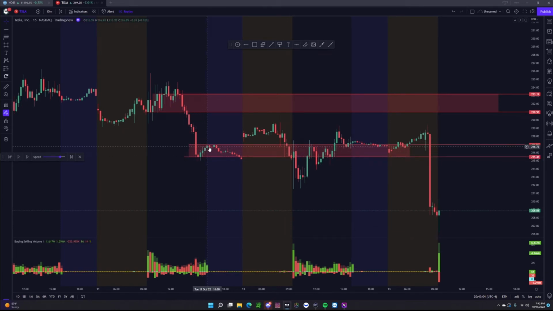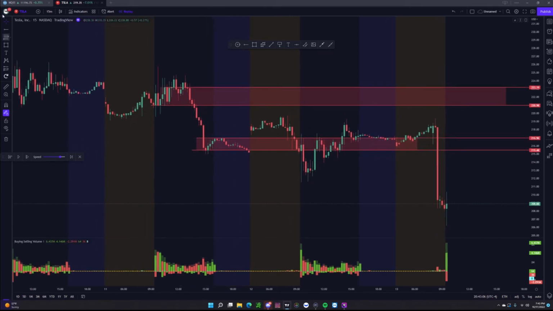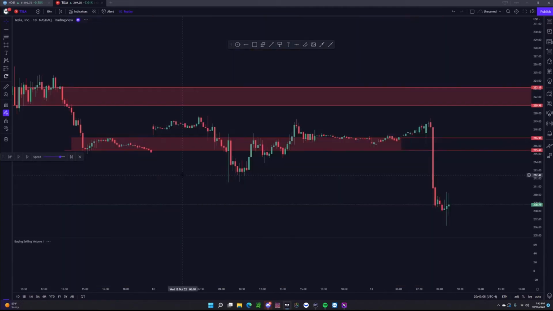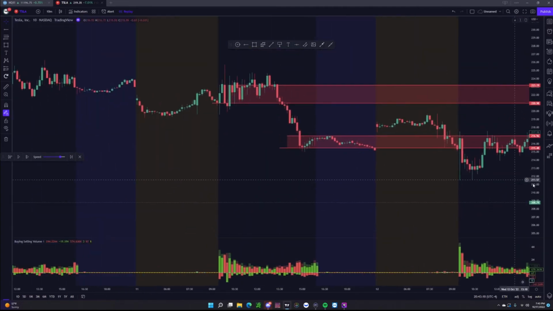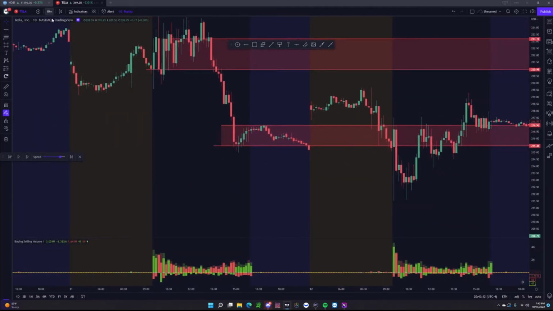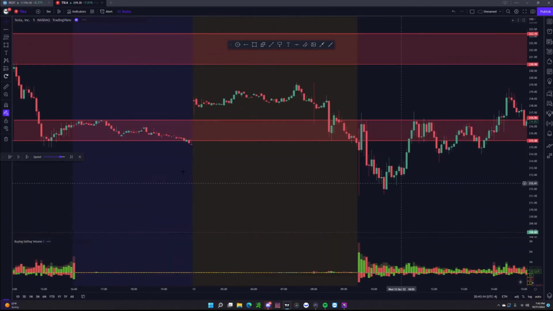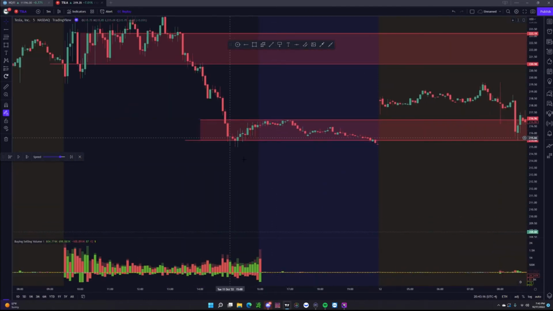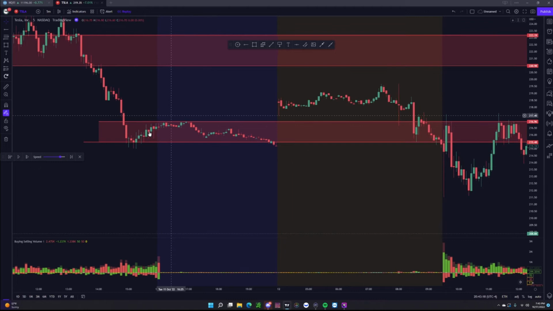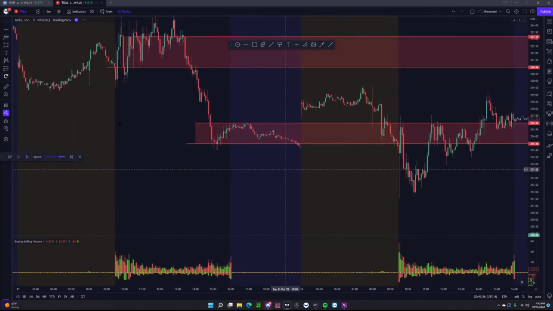You got buying, selling. You can go into post-market if you have to. We can go down to a 10-minute time frame. You might be able to see it just a little better. 5-minute time frame, you might be able to see it just a little bit better, right? You can see where there's support, selling, and then a little bit of support down here. You haven't really broken these lows yet.